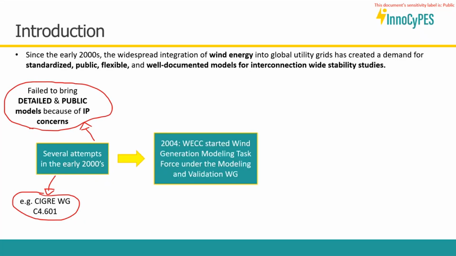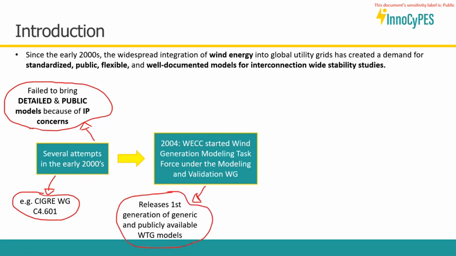And then in 2004, WECC, an institution in the US, started a task force, the Wind Generation Modeling Task Force, under the Modeling and Validation Working Group. And then they released the first generation of generic and publicly available wind turbine generator models at that time.